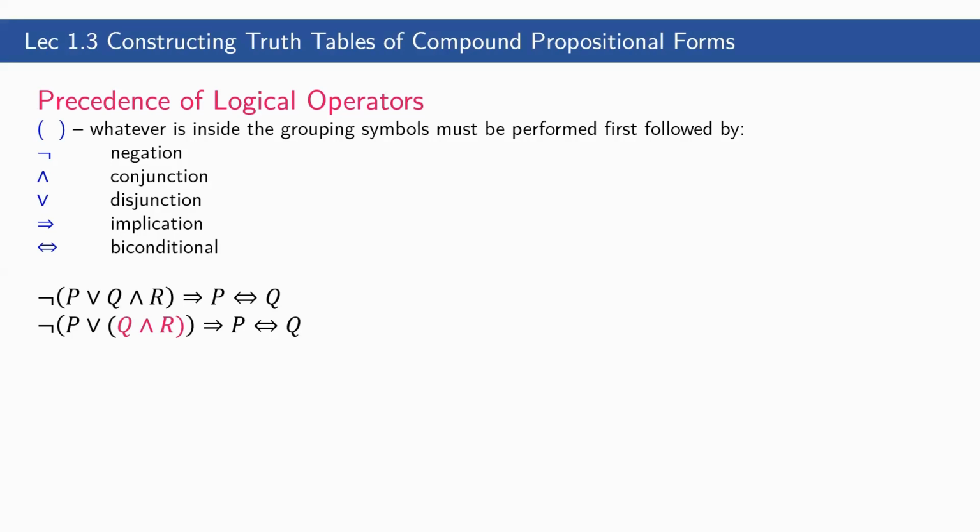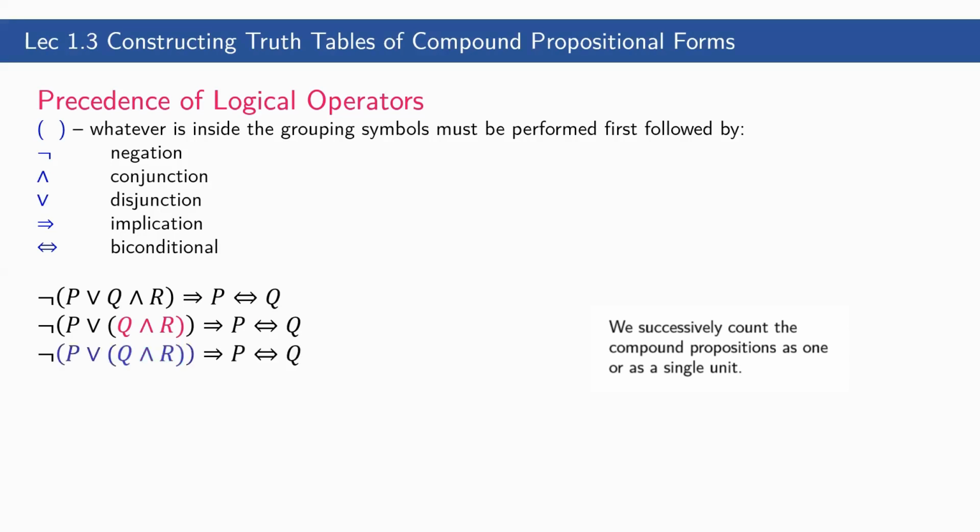So by the precedence of logical operators, the conjunction will go first, Q and R. And then Q and R will be counted as one unit, and it will be combined using disjunction with P. And then it will be counted as a single unit, and then we will negate that.